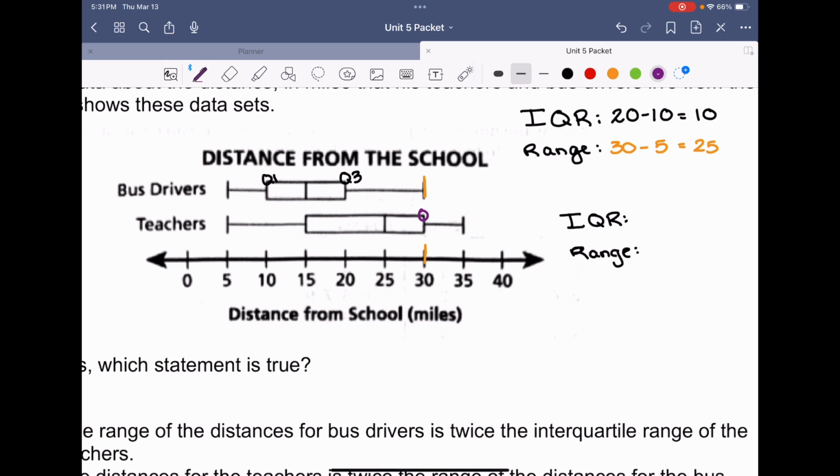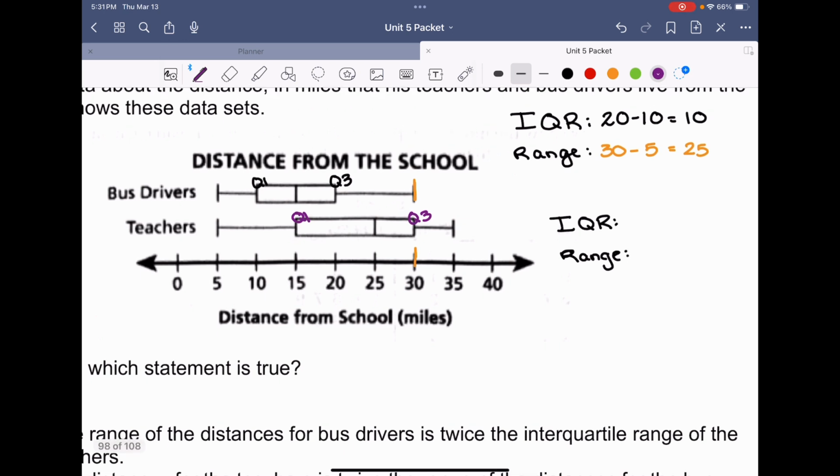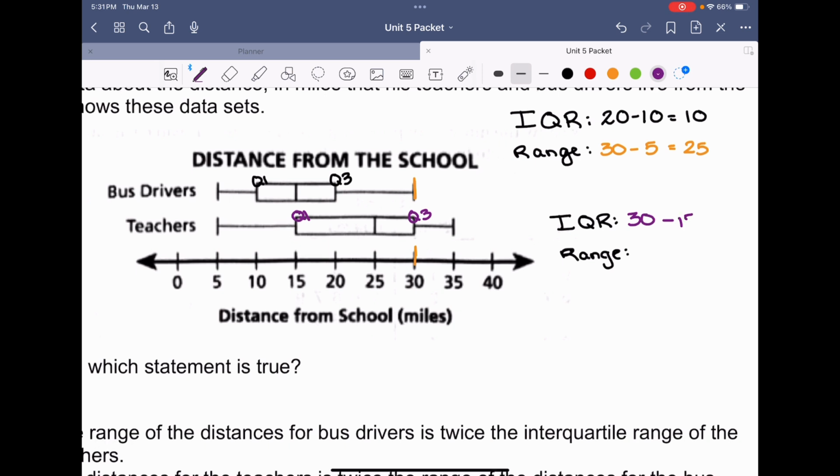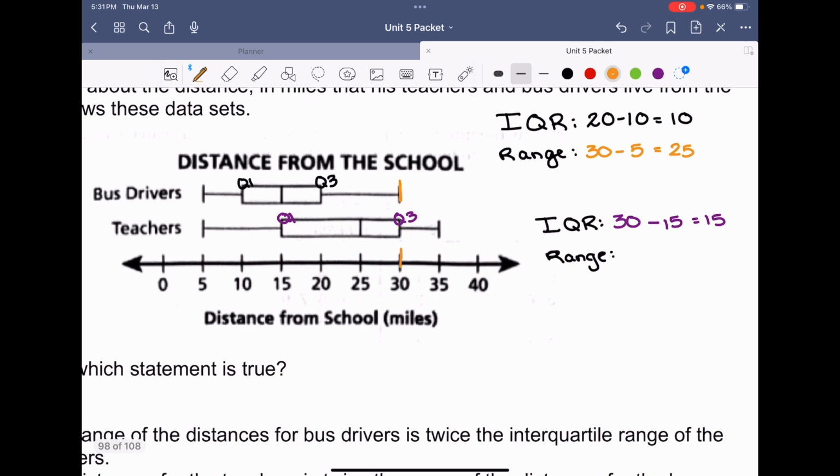For the interquartile range for the teachers, I'm going to have 30 minus 15, which is 15. And then my range, I'm going to have 35 minus 5, which is 30.